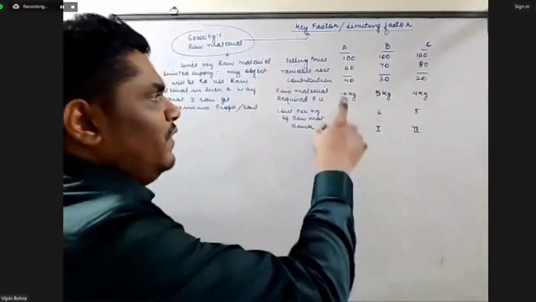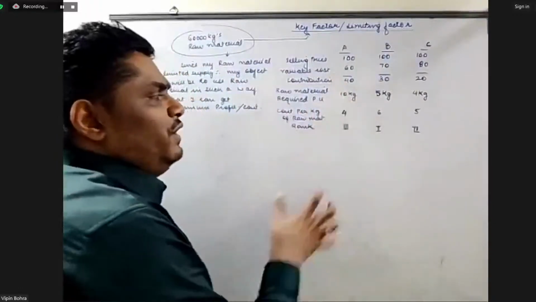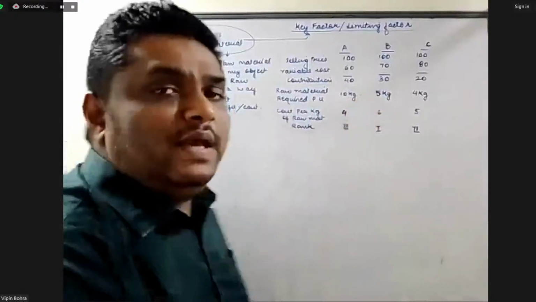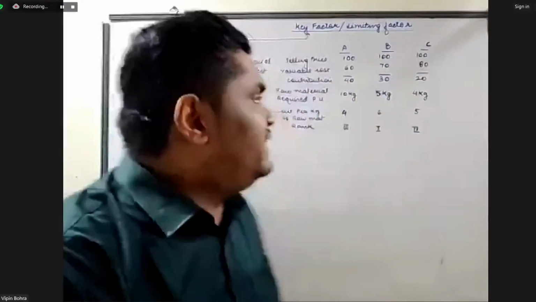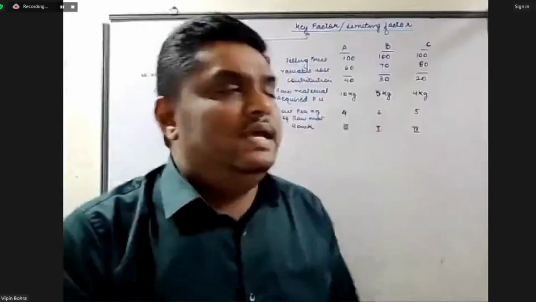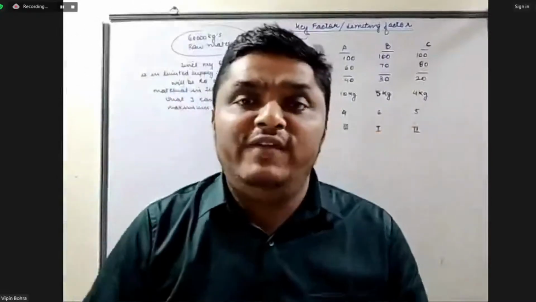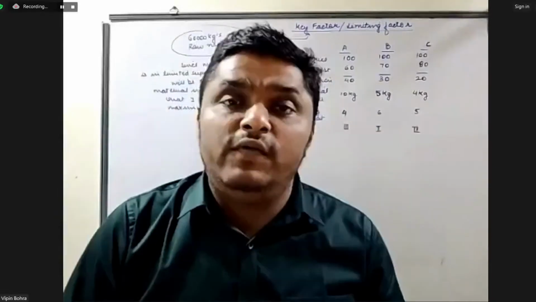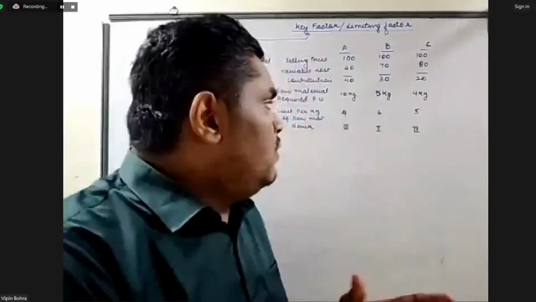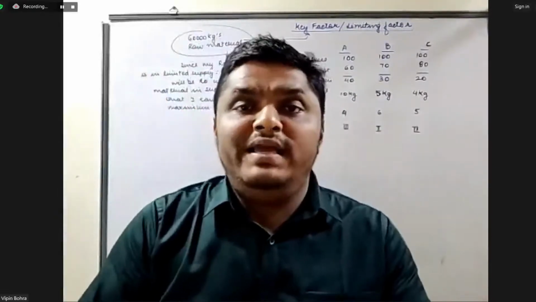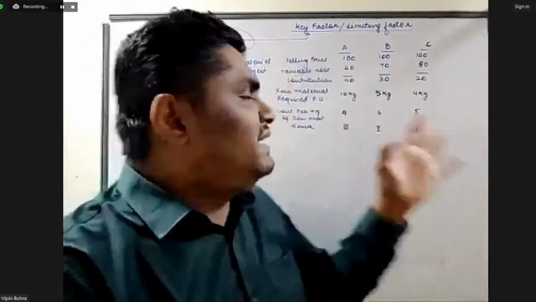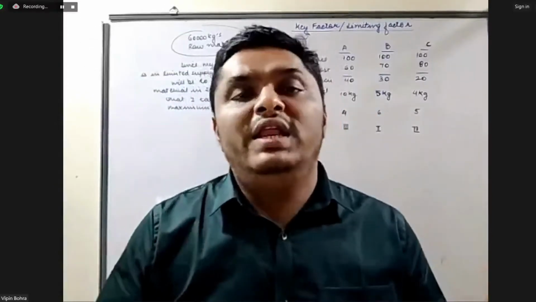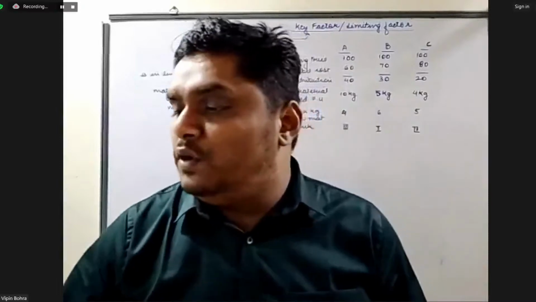Herein, for every 10 kgs we are earning 40, so for every kg we are earning 4. For every 5 kgs, we are earning 30, so for every 1 kg, we are earning rupees 6. In the third case also, for every 4 kgs, we are earning 20, so for every kg of raw material, we are earning 5. So contribution per kg of raw material is highest in case of B. So we will manufacture B only if there is an unlimited demand of all the products.